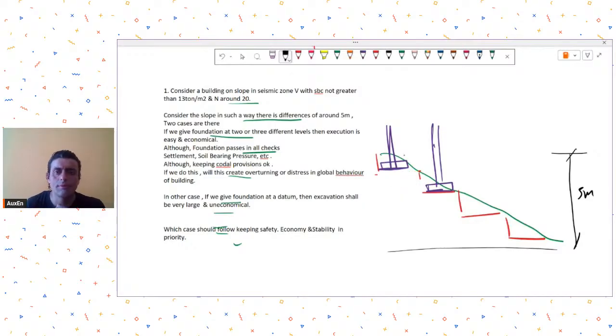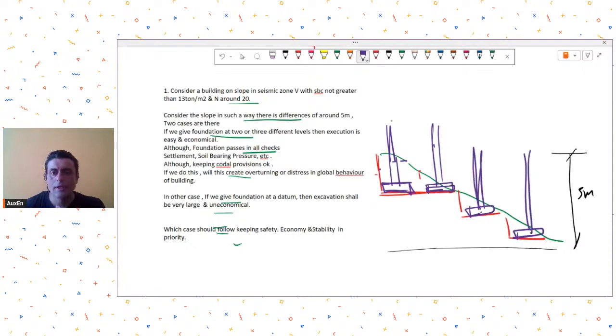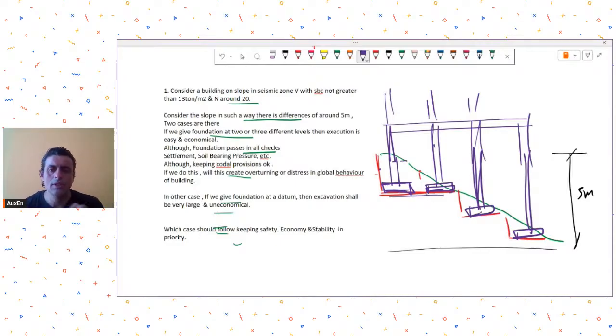Then he's making a step and then keeping one footing over here and like this, and then this is your common ground level, and then above that everything is following one standard level. So in this case he's saying that this is more economical execution wise. All the footing sizes are passing the checks, etc.